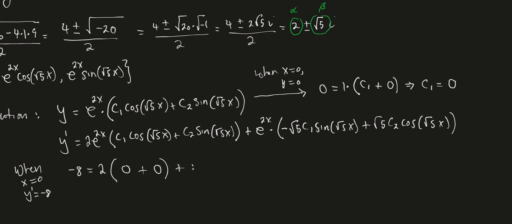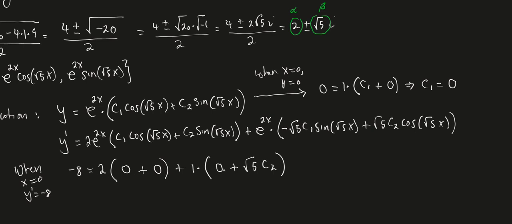Plus, e to the 0 is 1. In the parentheses now, again, C1 is equal to 0, and I know the sine of 0 is 0, so it's like doubly 0 right here. And then this is where we get our first non-zero term. The cosine of 0 is 1, and I don't know what C2 is. So then I have plus root 5 C2 like this, right?